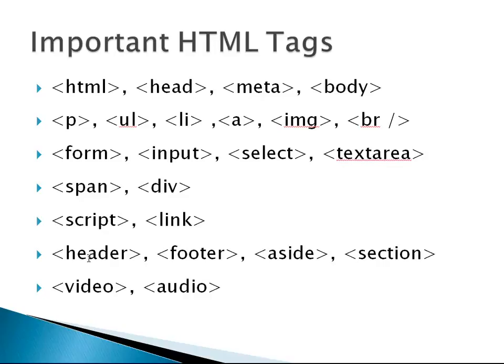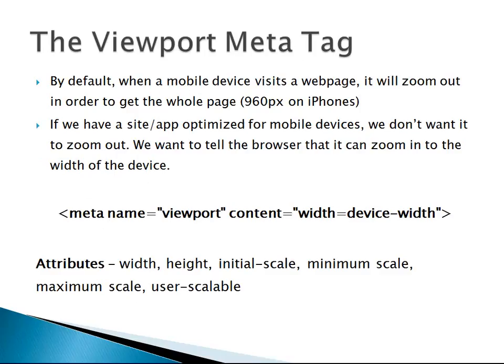We have these HTML5 tags: header, footer, aside, which is basically sidebar content, and section, which is basically, say, an article on the page. And then we have the video and audio tags, so we can embed video without Flash or any kind of plugin. We can also embed audio.